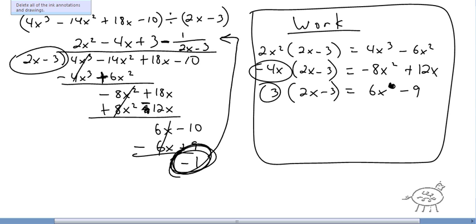Now, I want to show you why this is all working, as opposed to a big old mystery. If I give you a problem like 2 divided into 1,237, as opposed to saying what times 2 is 12, you always say 2 goes into 12 how many times? 6 times.